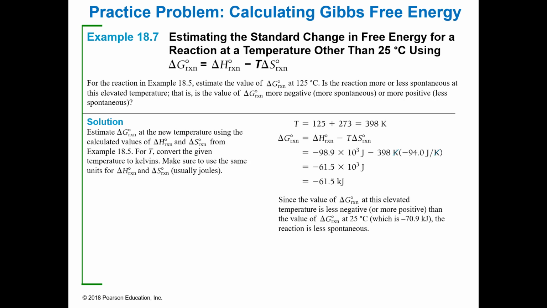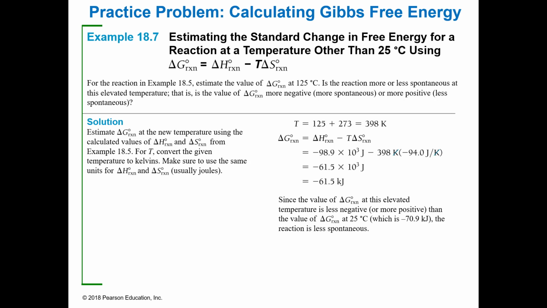So the higher the temperature becomes, the more the T delta S term is going to dominate, and then that will give us a delta G that is positive, because subtracting a negative number makes it positive, right? So you want the T delta S term to be small, and you want the delta H, which is negative, to dominate, to keep delta G negative, which means it's spontaneous.